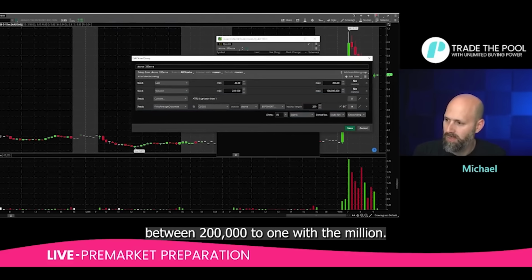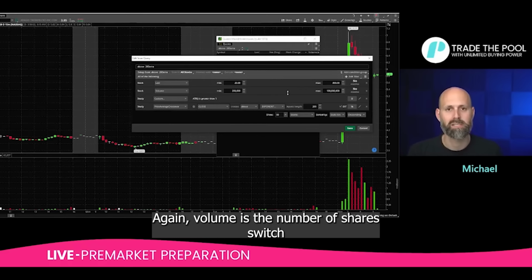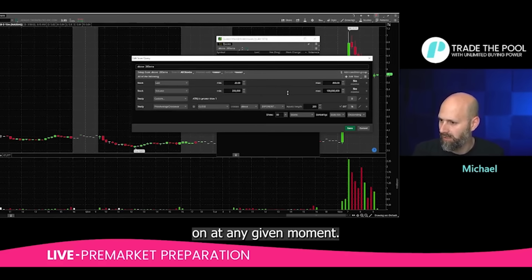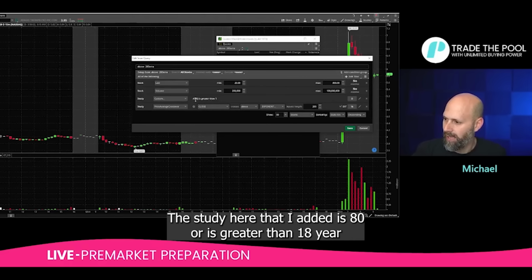the volume is between 200,000 and 100 million. Again, volume is the number of shares switching hands from buyers to sellers at any given moment. The study that I added here is ATR greater than 1.